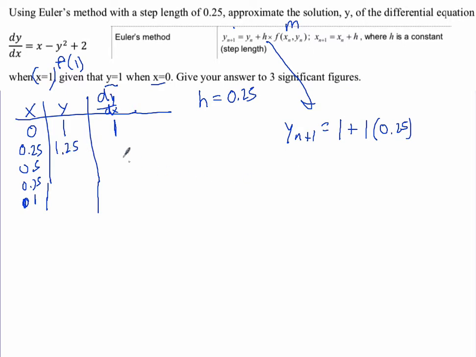Okay, then to get your slope again, your dy dx, you take the previous y value and just plug it into this equation right here. So the slope is going to be 0.25 minus 1.25 squared plus 2.